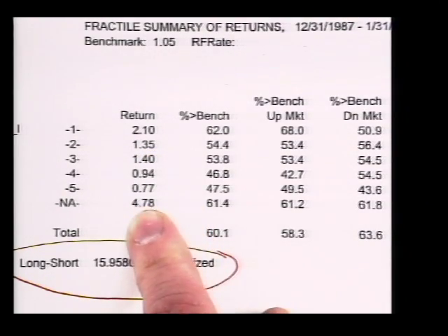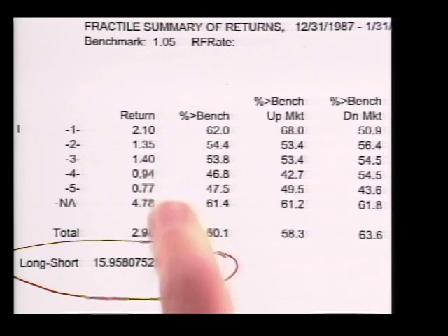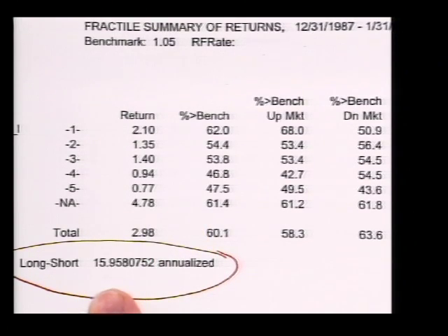The lowest portfolio, number 5, is 0.77, which is below the market, so it would qualify in a pure short situation, but it's not dramatic. It's not negative. But our long-short strategy here, which can be implemented reasonably easily, delivers 16% annualized return. Okay, this is the US.